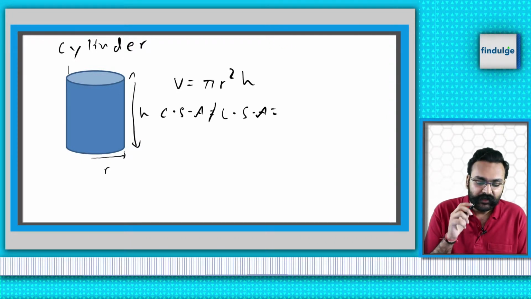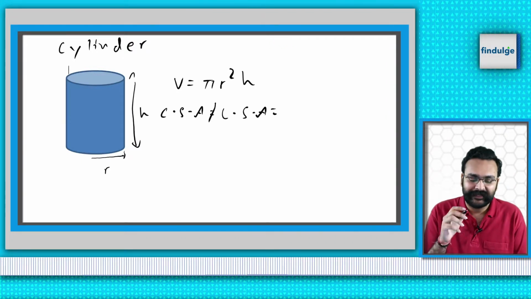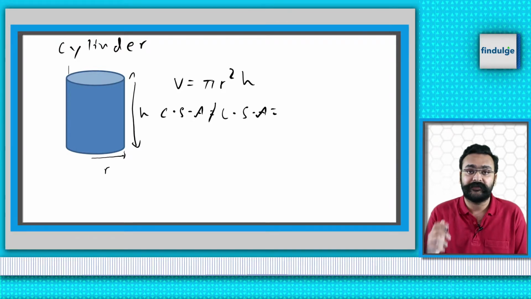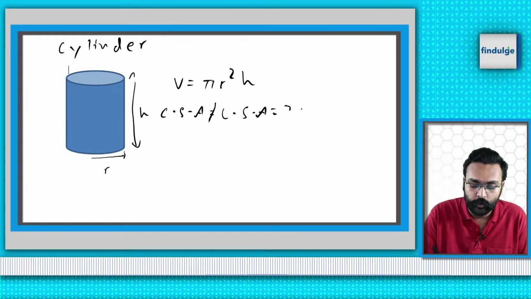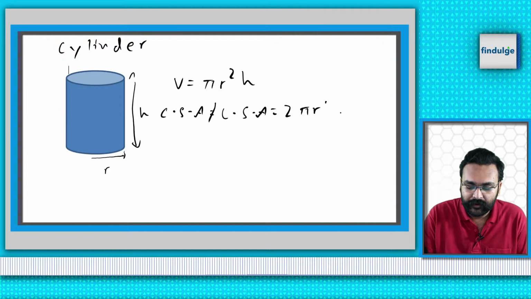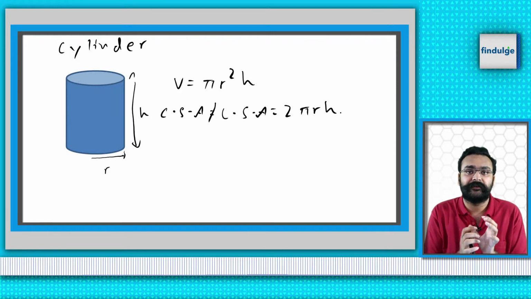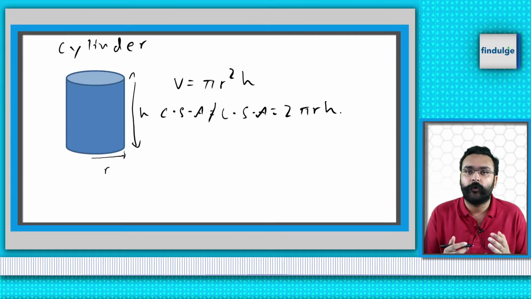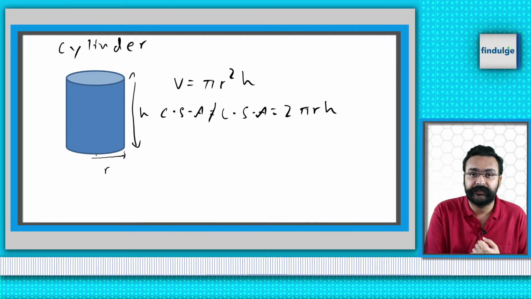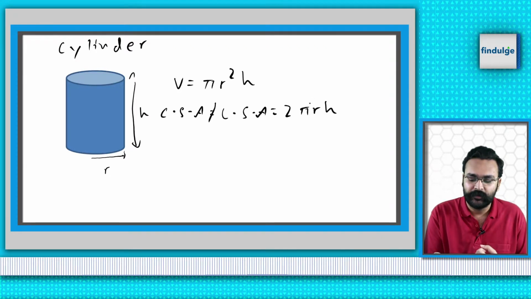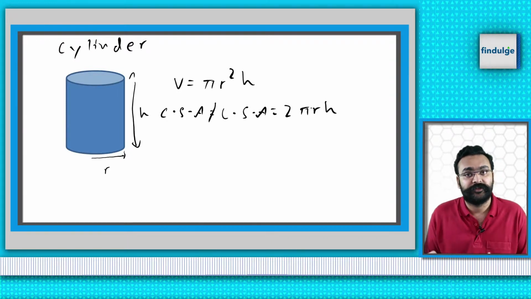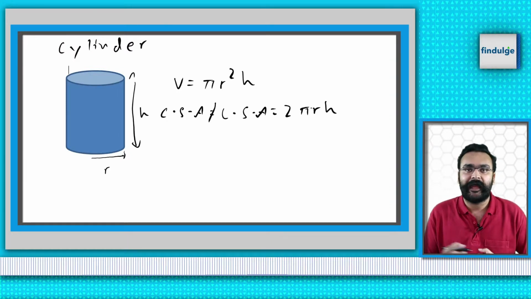Now, the curved surface area or the lateral surface area of a cylinder is 2 pi r h. They are basically talking about the round part of the cylinder, the outer wall of your bottle. And so it's obviously nothing but the circumference of the circle, 2 pi r, dragged along the height h. So 2 pi r h.